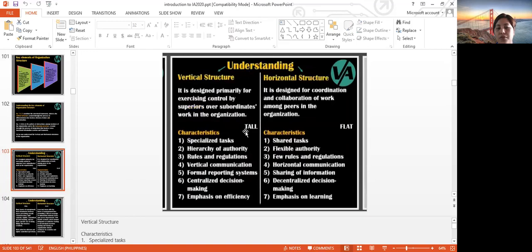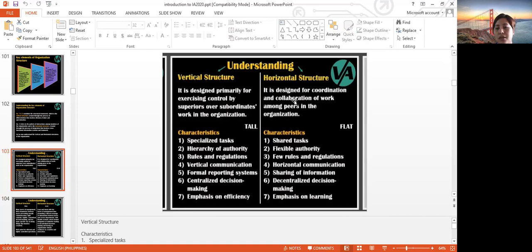Okay, so understanding vertical structure and horizontal structure. Vertical structure is designed primarily for exercising control by superiors over subordinates' work in the organization. So here, you will really see in vertical structure that there are superiors and there are subordinates. These superiors, of course, are the powerful ones, whom the subordinates should follow.